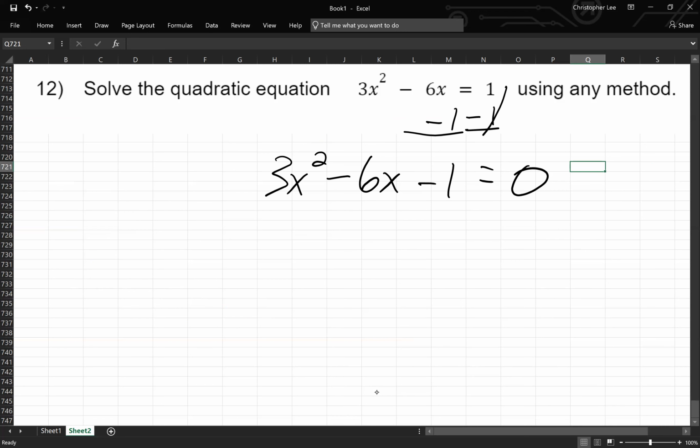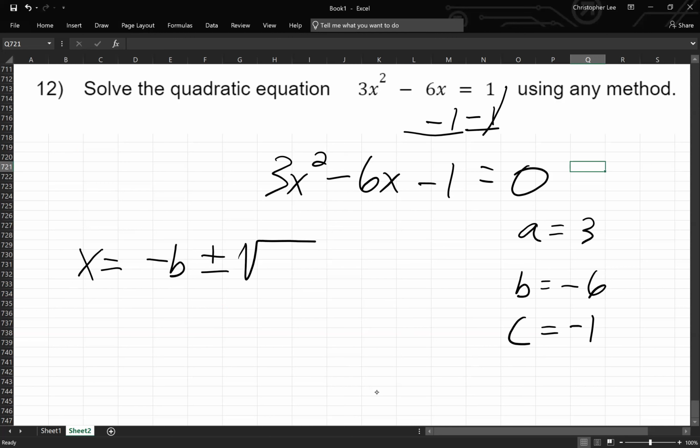Good, what's next? Okay, so what's A, what's B, and what's C? -1. All right, good. So now, quadratic formula, x is equal to -b plus or minus the square root of b squared minus 4ac over 2a, which is on your sheet, right?